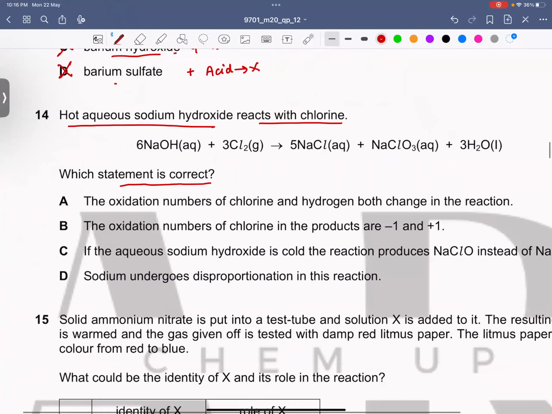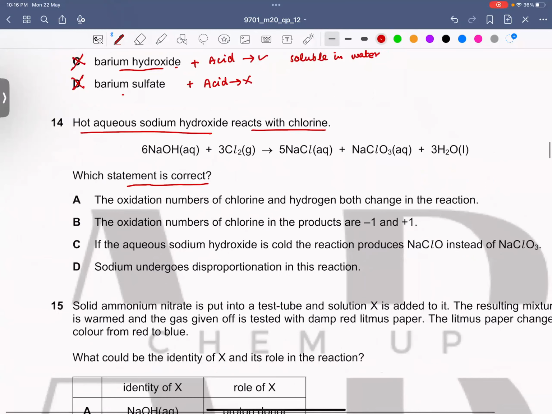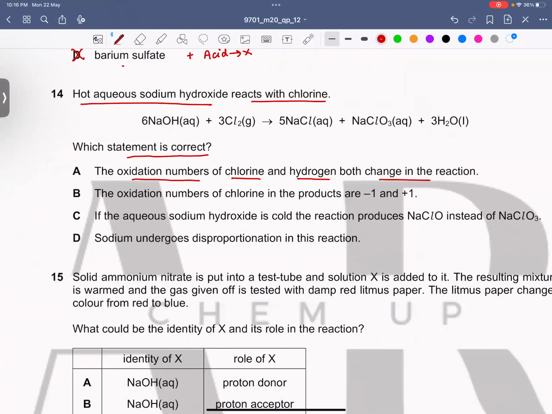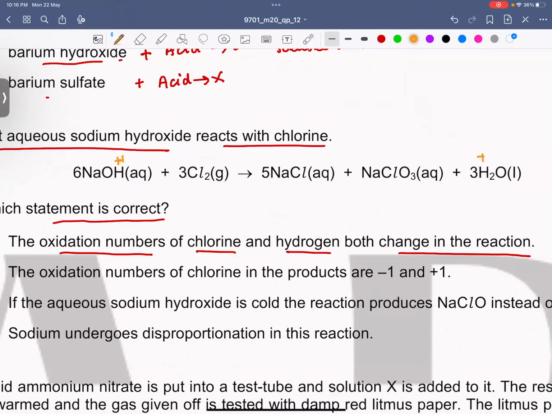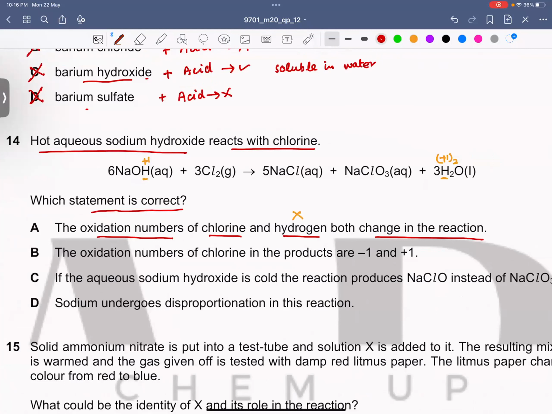The oxidation number of chlorine and hydrogen both changes in the reaction. Okay, so let's put the oxidation number of chlorine and hydrogen. If you see, hydrogen is +1 over here, and here hydrogen is still +1. So in both cases, the hydrogen atom is +1. So this statement for hydrogen is wrong, so option A is incorrect. Now let's have a look at the oxidation numbers of chlorine.